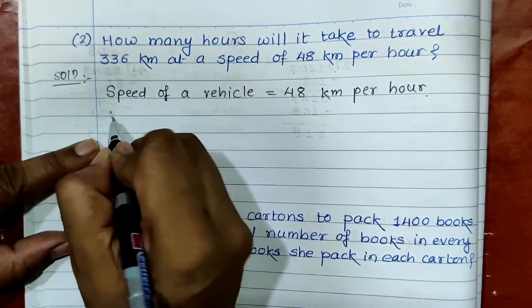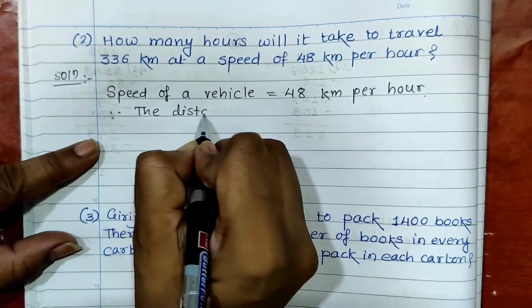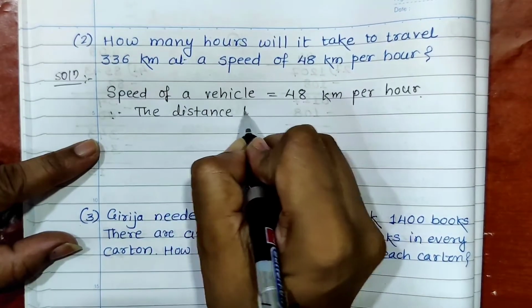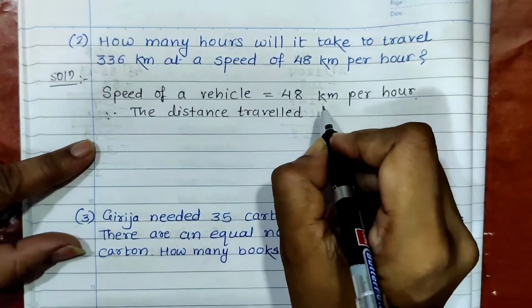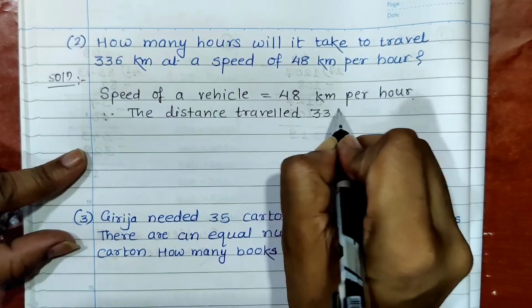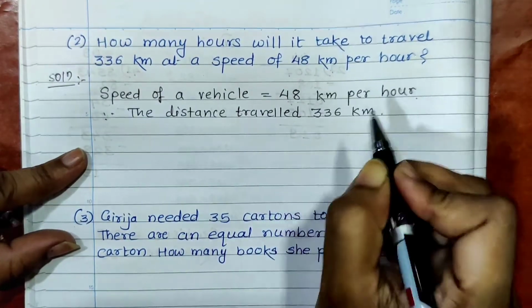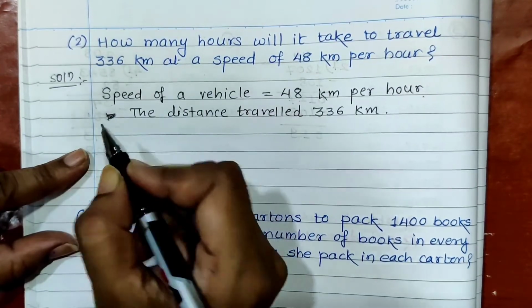So therefore the distance traveled is 336 km. You don't write the therefore sign.